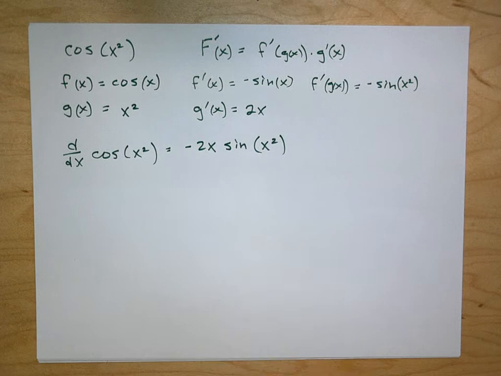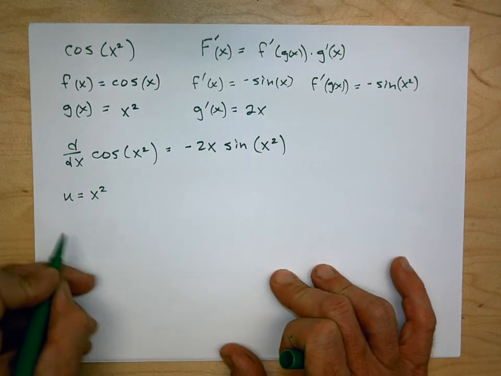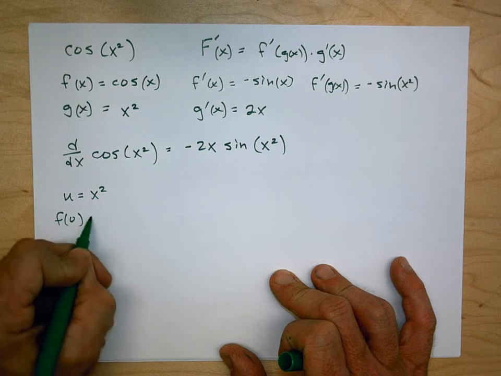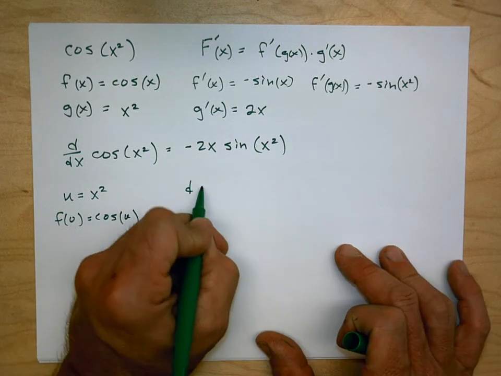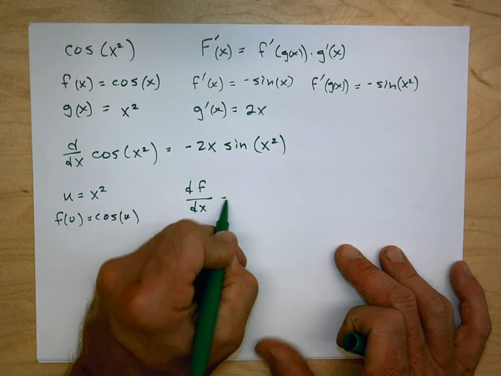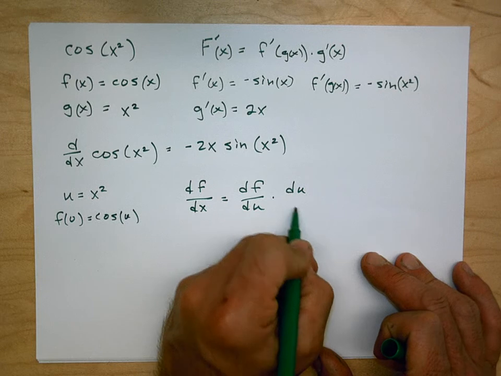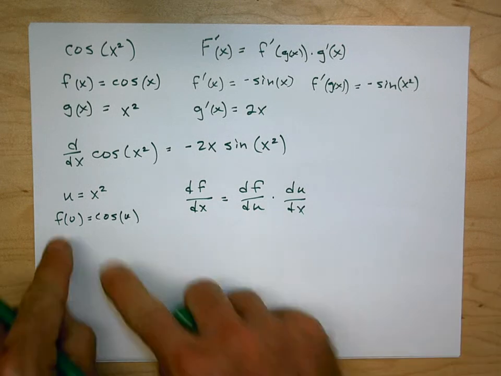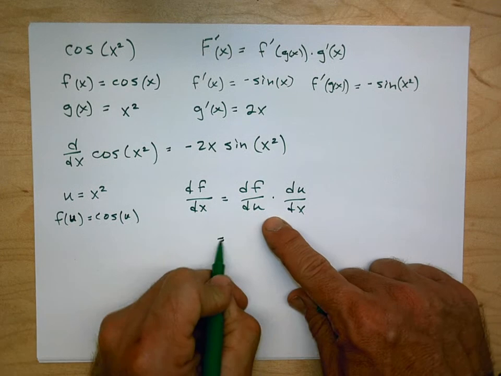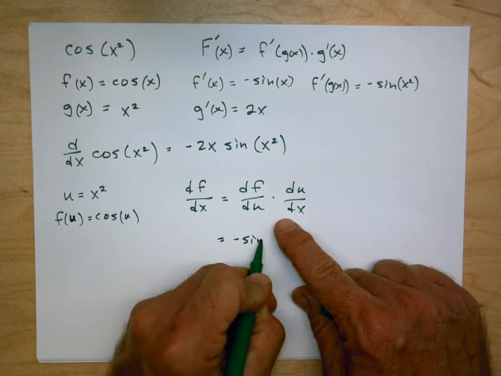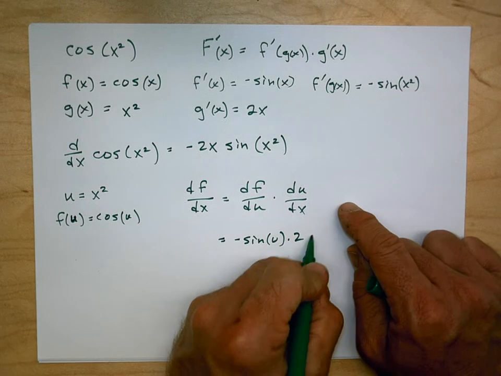We also could have let u equal x squared, so that f of u equals cosine u. Now if we use this notation, df dx equals df du times du dx. So df du is negative sine u, and then du dx is just 2x.